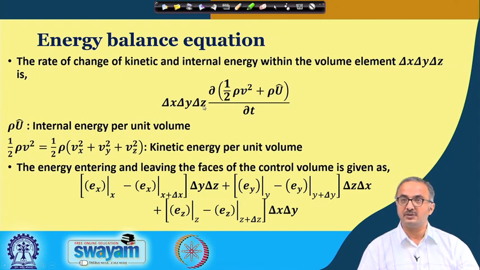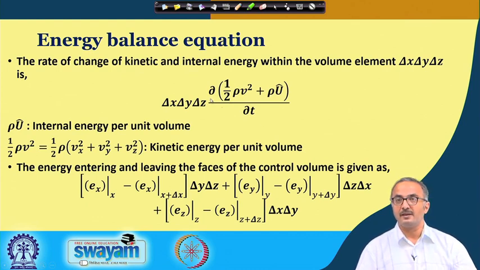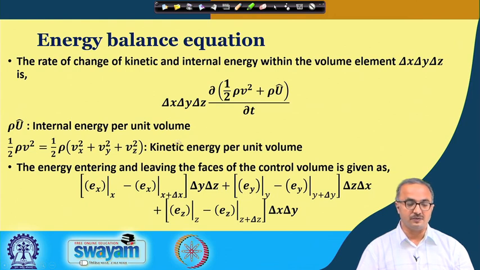Because this volume is constant, we can take it out of the differential. So this total is the energy change per unit time of the system, and this is the left hand side of the conservation equation.